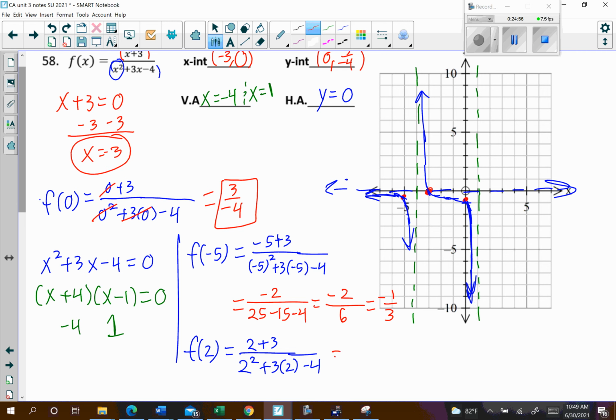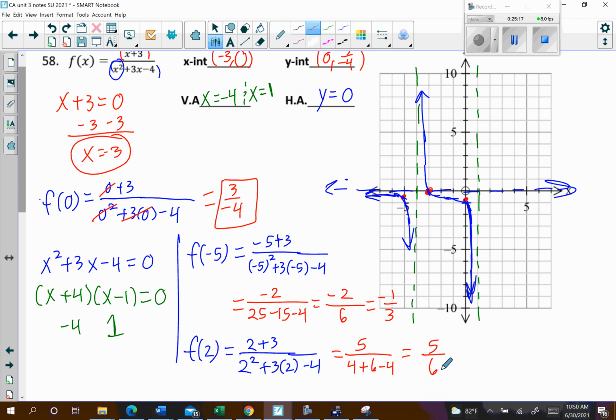So on top, we're going to get a 5. And then on bottom, we're going to get 4 plus 6, take away 4. So we'll get 5 over 4 plus 6 is 10, take away 4 is 6.